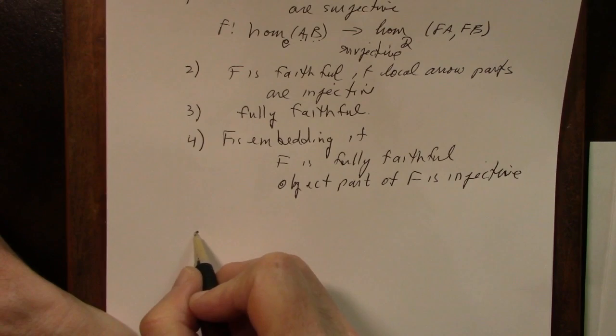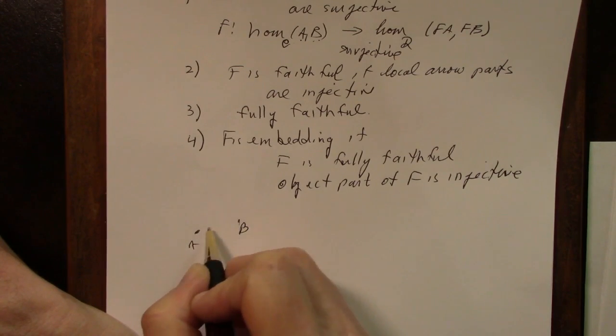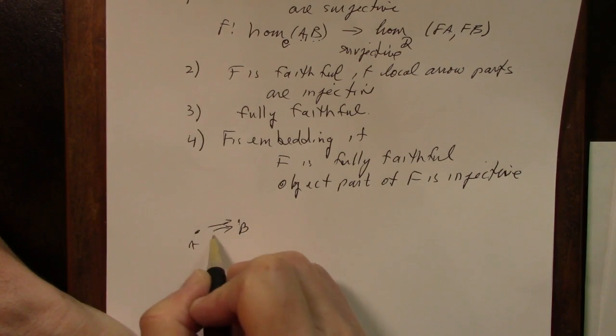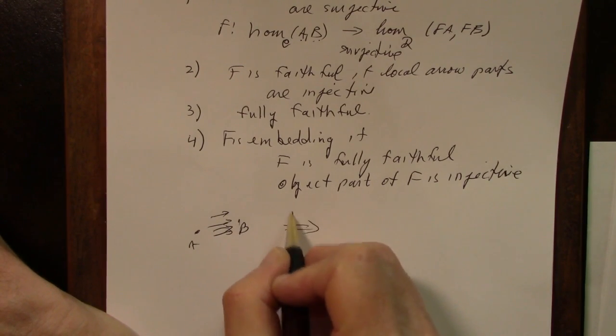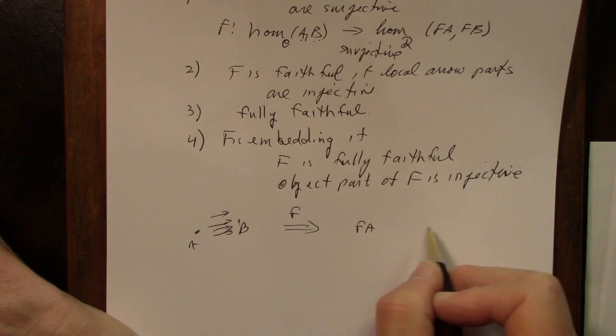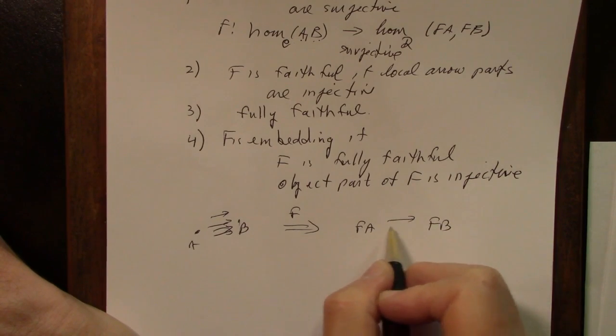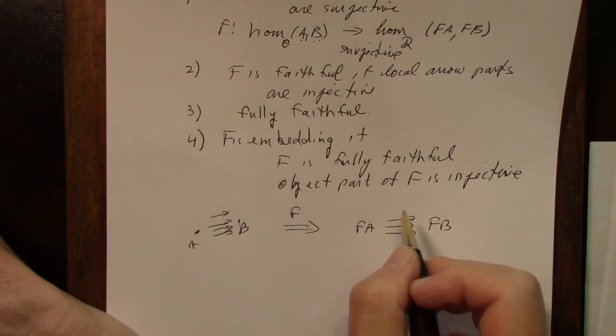So if you have A and B here, and all these arrows for the Hom set, they get sent to FA, FB, and you'll have all these arrows here.